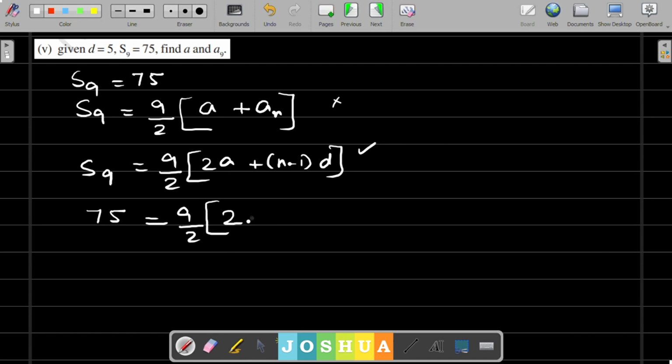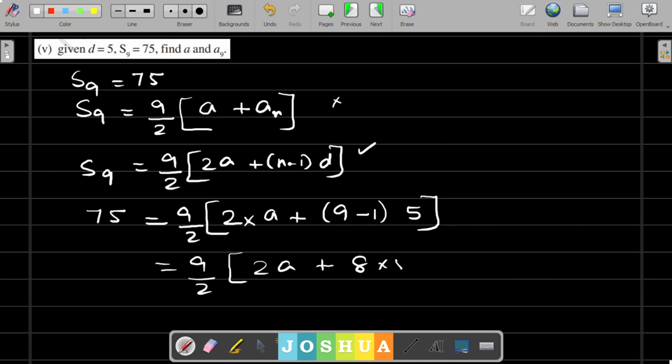I don't know the value of a. The n value I know, 9 minus 1, and the d value is given in question 5. So in this case 9 by 2 times 2a plus 8 times 5, that is equal to 75.